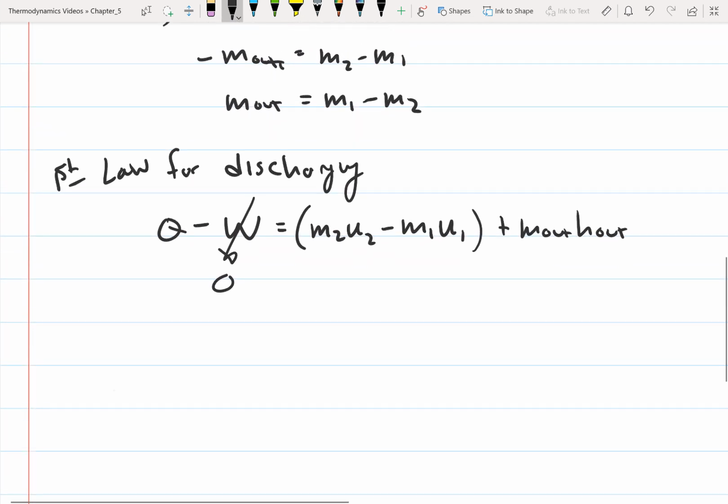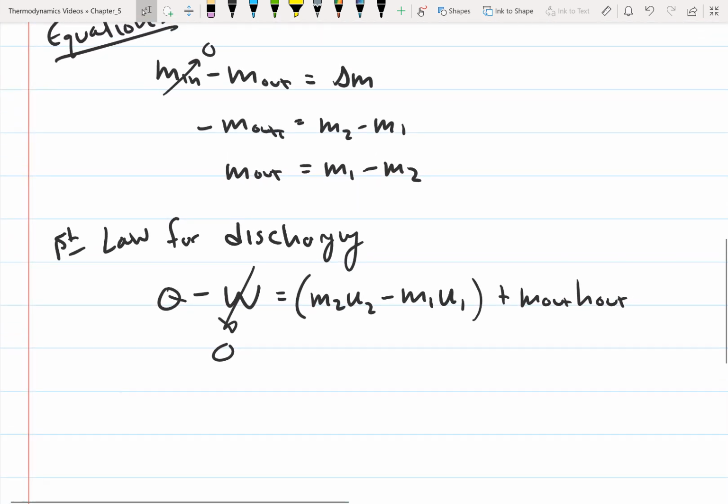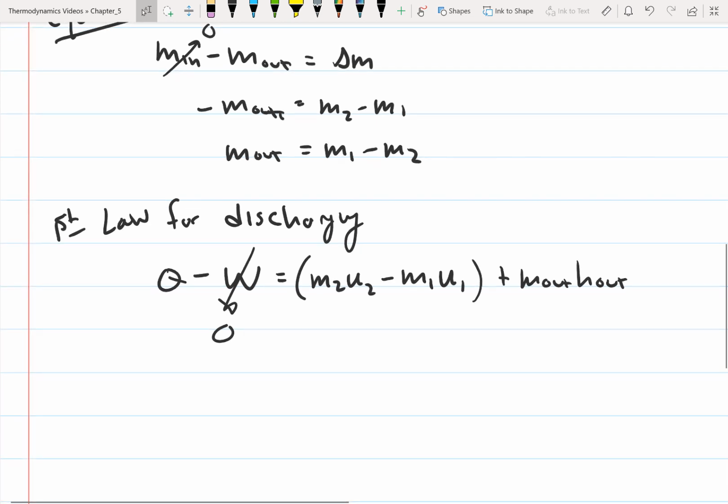So now what we need to do is figure out what we know and what we need to look up. First of all, we don't know the mass of the vapor or the liquid, but we can get those because we know the volume, and we can look up the specific volumes at the particular states we're interested in. So we can get these.